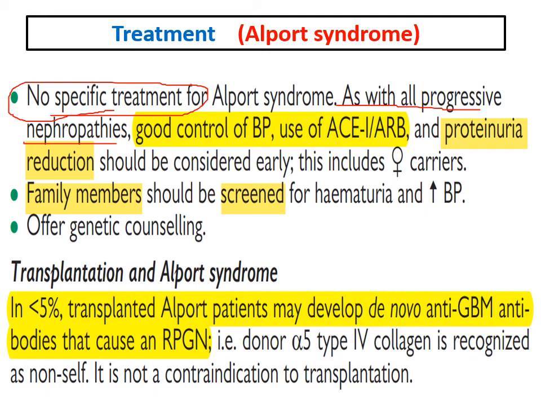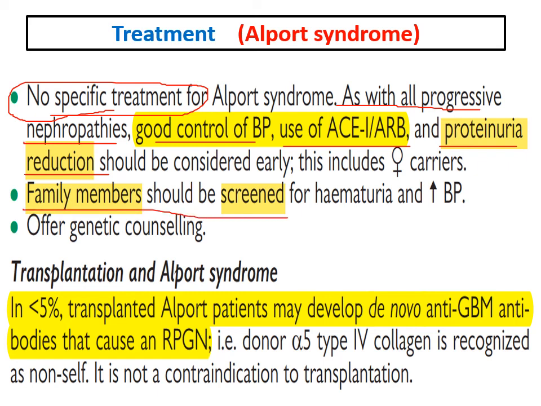In X-linked females, around 10 to 15% will reach end stage by the age of 50. So what we can do is good control of blood pressure. We can use ACE inhibitors or ARBs, which will lead to proteinuria reduction. This can delay end-stage renal disease. So good control of blood pressure and proteinuria.